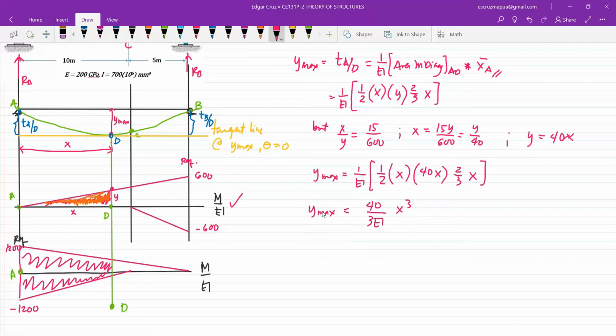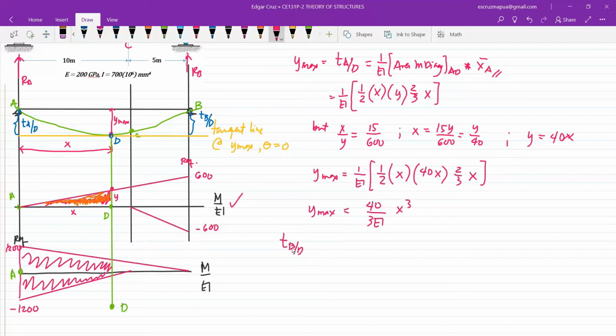Okay? So how do we solve the value of X? Okay. So to solve for the value of X, we could equate it with TBD also, di ba?